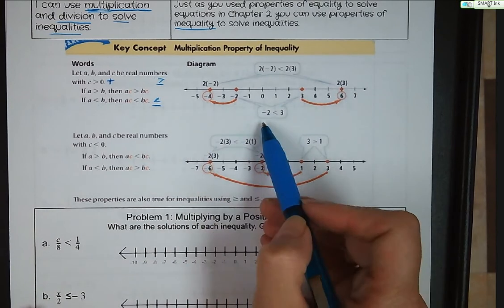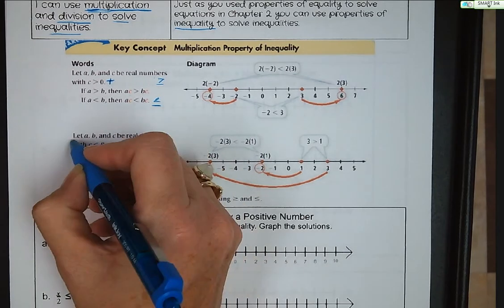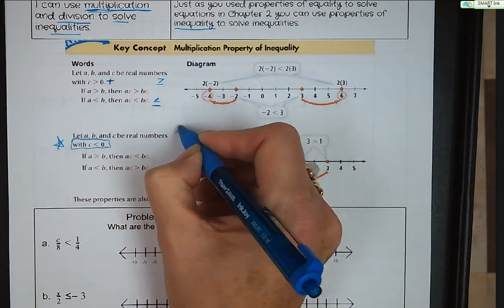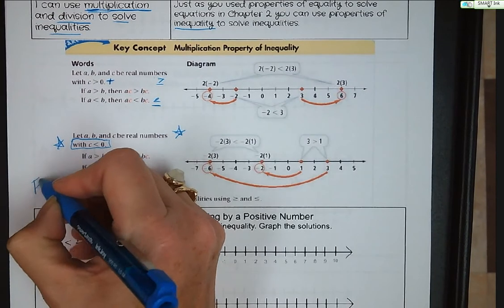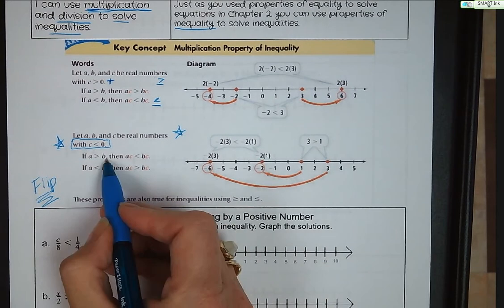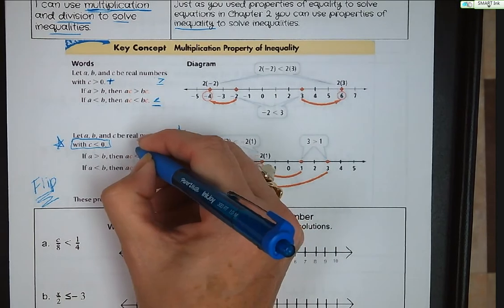Now, when c is less than 0 and we are multiplying, we are actually flipping the relationship. This is huge. So if a is greater than b and we multiply by a negative number, then a times c is going to be less than b times c.